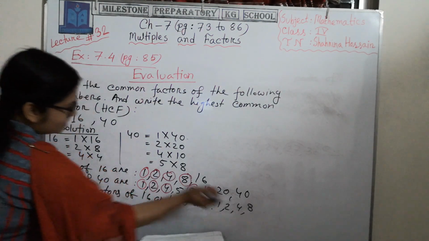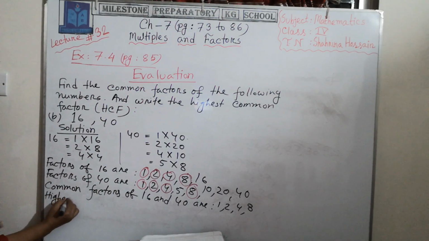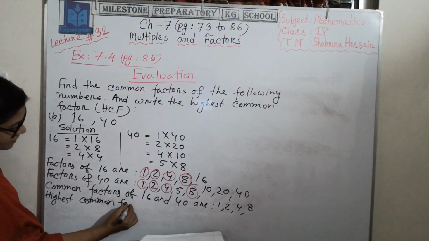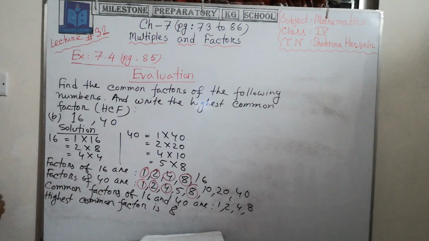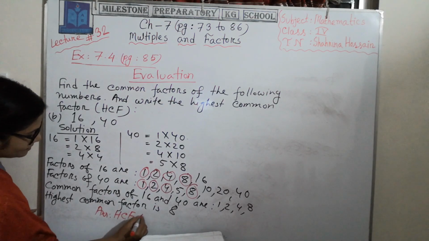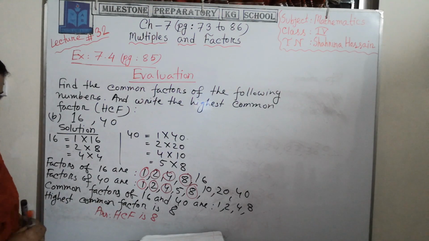Yeah, right, 8. Very good. So the highest common factor is 8. So my answer is HCF is 8. Wow. Okay. We got the answer.